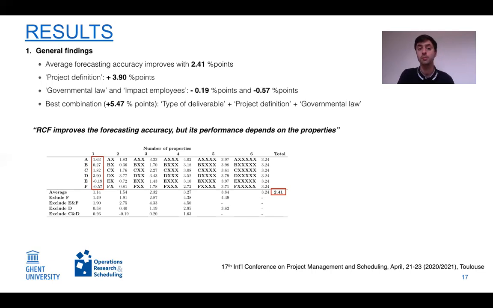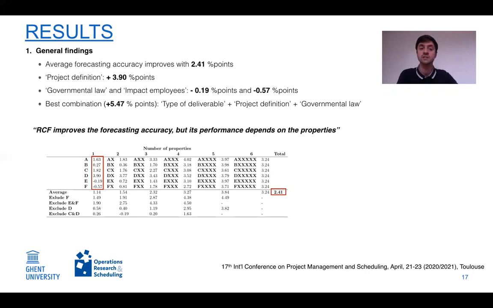For example, project definition was a very good property to use when it was used by itself, while governmental law and the impact of the employees actually reduced the forecasting accuracy when they were used independent of the other properties of similarity. The best combination that we have observed resulted in a more than 5 percentage point improvement of the accuracy, and this was the combination type of deliverable with project definition and governmental law.